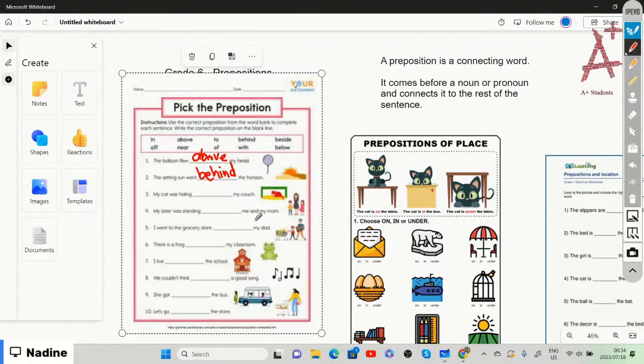My cat was hiding. Where? My couch. So we need to say where the cat was hiding. Was it in the couch, off the couch, above the couch, near the couch, to the couch, behind the couch, with the couch, beside the couch, or below the couch?